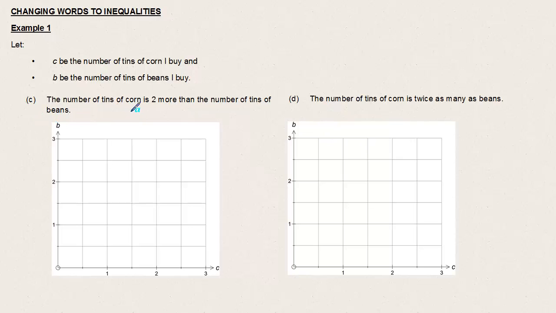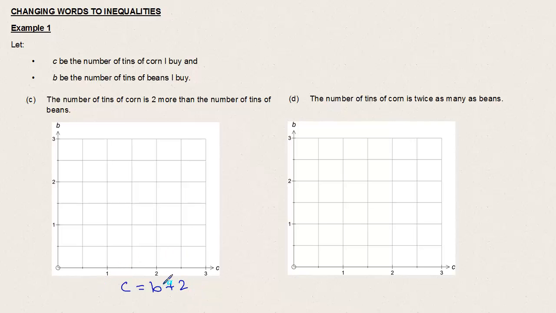The number of tins of corn is 2 more than the number of tins of beans. So the number of tins of beans is B. Add 2 to that and we get the number of tins of corn. And notice an equals this time because it doesn't say more than or less than. It says that it is. So C equals B plus 2.